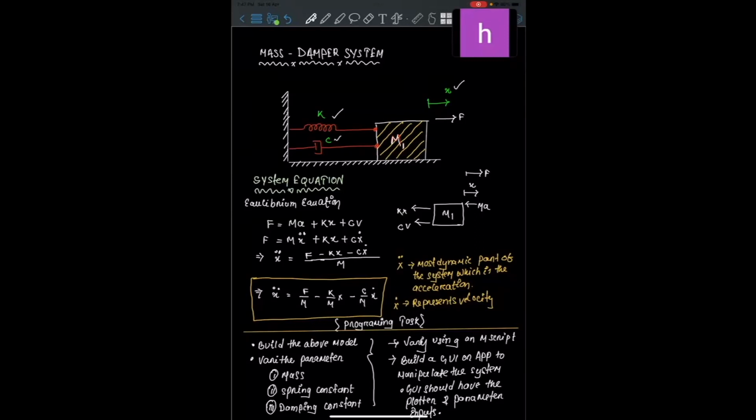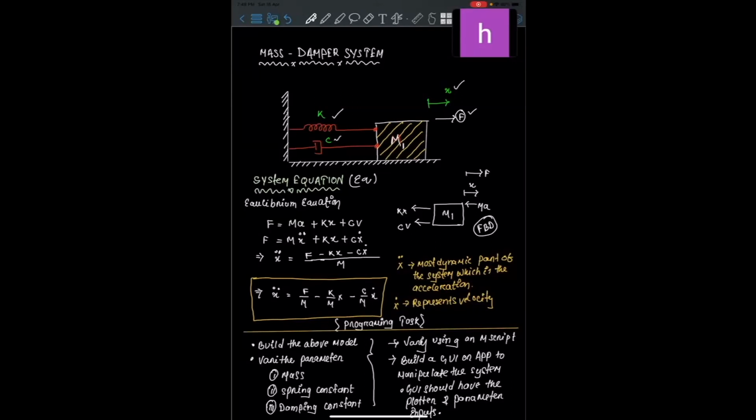Suppose I want to apply some force to this system, which is called F. When I want to write the system equation which takes force equilibrium into account, how can I do it with the help of the free body diagram, right?